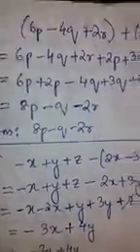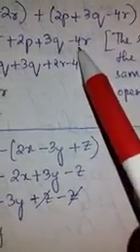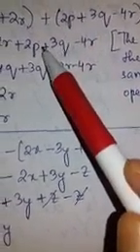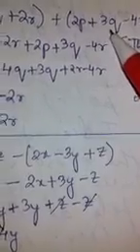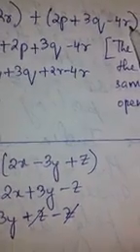Now come to the next sum, that is sum number E. Here also the terms are given in a bracket, but you can see that a plus sign is present before the bracket. So the signs of the terms present inside the bracket will remain the same. This 2p will remain as plus 2p, plus 3q will remain as plus 3q, and minus 4r will remain as minus 4r.